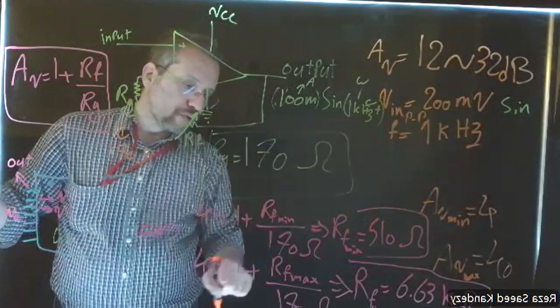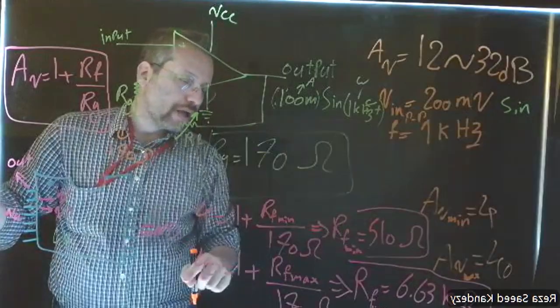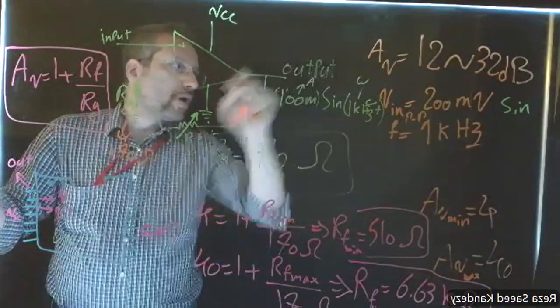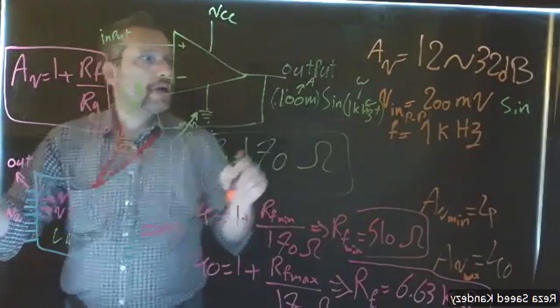And if I wanted to have a gain of 40, that means I expect my output to be 8 volt.